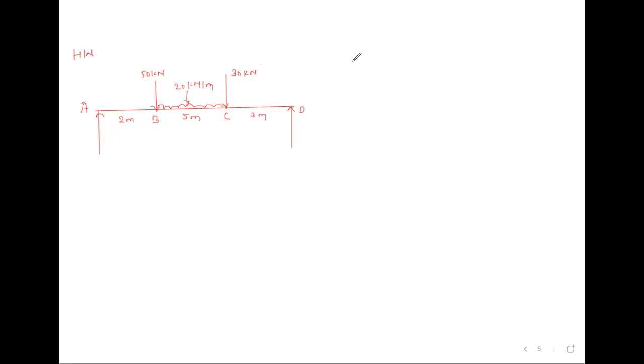Now we will take one example here. Only UDL is applied. That type of question we will solve here. So simply supported beam is given, and on that beam only uniformly distributed load is applied at some portion.